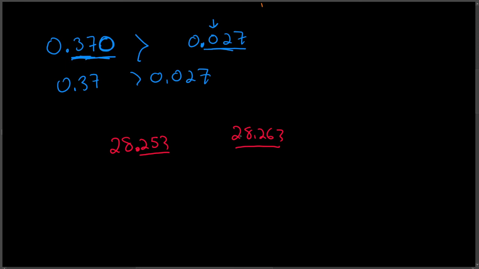They're both 28, so they're sitting on the number line just past the number 28. This number is smaller than this number here, and so we would compare it like this. And that difference is happening right here in the hundredths place. And this is bigger in the hundredths place.